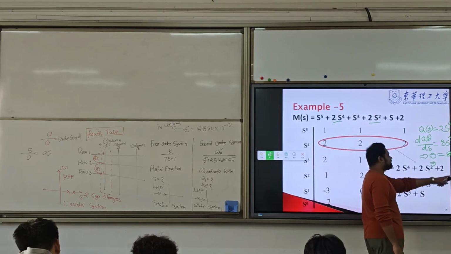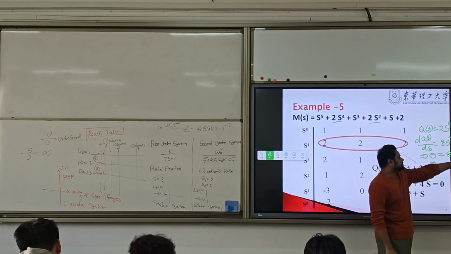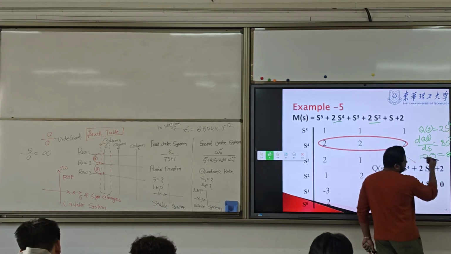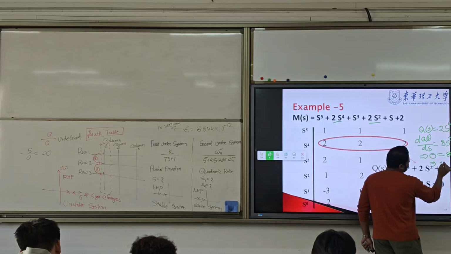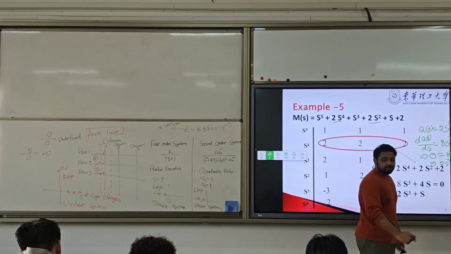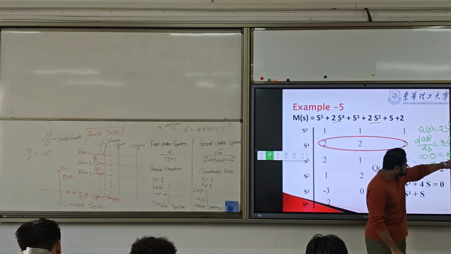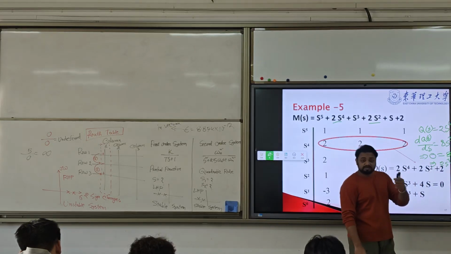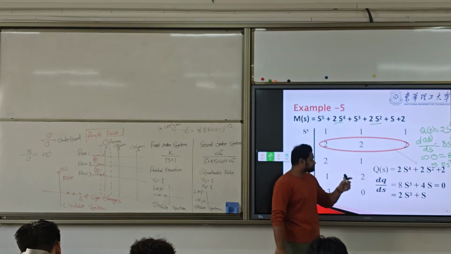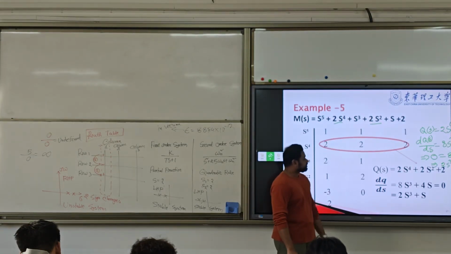Now here we can take 4 common, and put it on this side. So we can write 2s cubed plus s equal to 0. But we cannot take this s out, because we need it, so we cannot take it out.